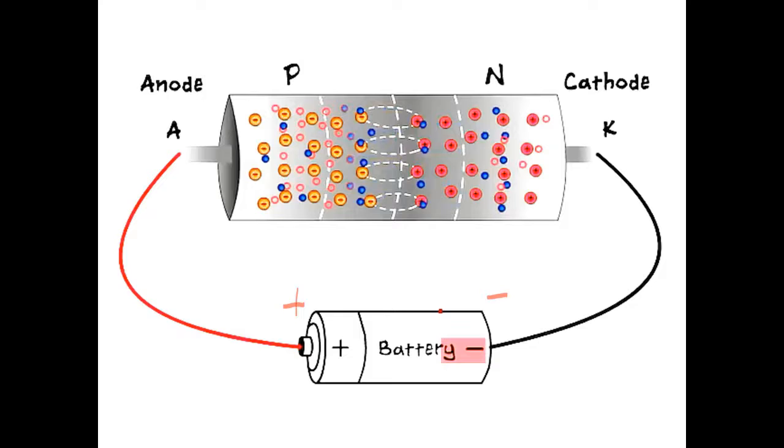For example, if the silicon junction voltage is 0.7 volt, then your battery must be greater than 0.7 volt so that the electrons can pass through this depletion layer. That's why the forward bias allows the current to flow.